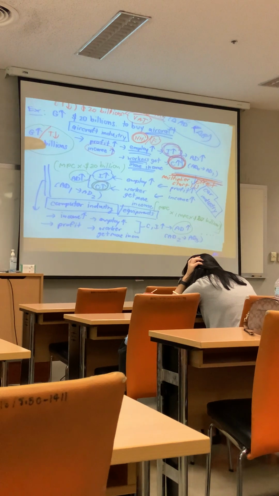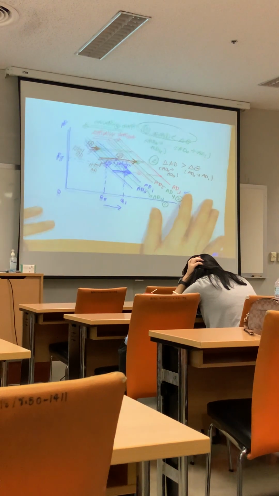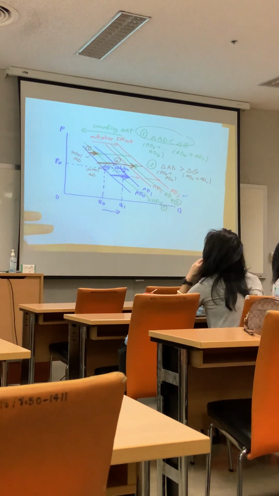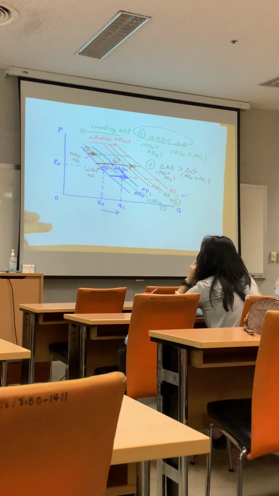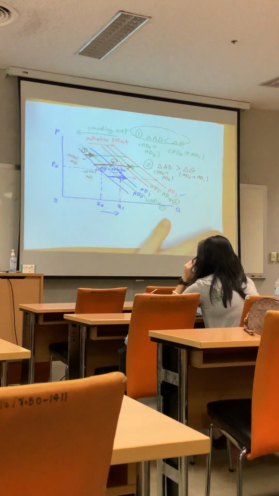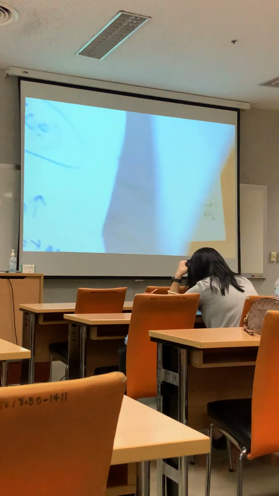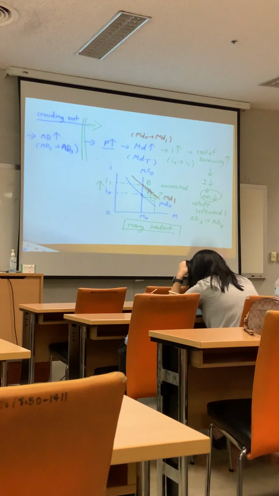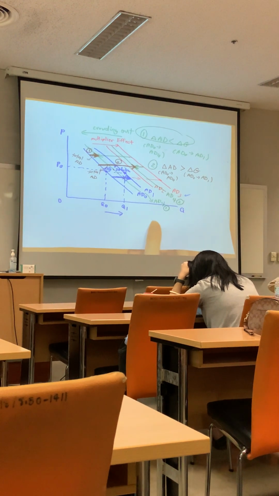If it's the multiplier, you just shift AD0, AD1, and then go to the red pen AD2, AD3, and so on. If you need to explain the multiplier, all of the analysis will be the same, so you don't need to change anything. The same shift, the same analysis.